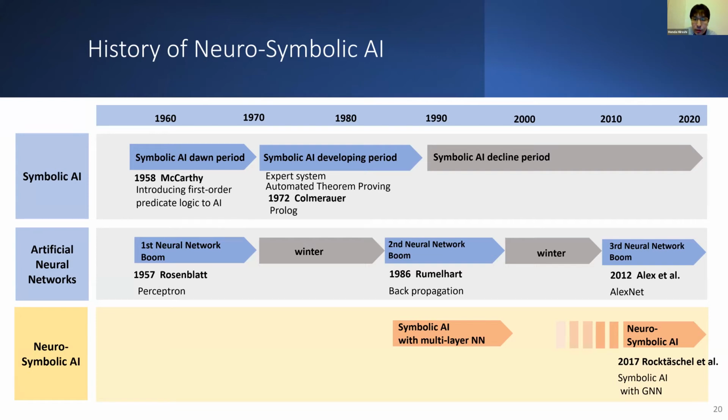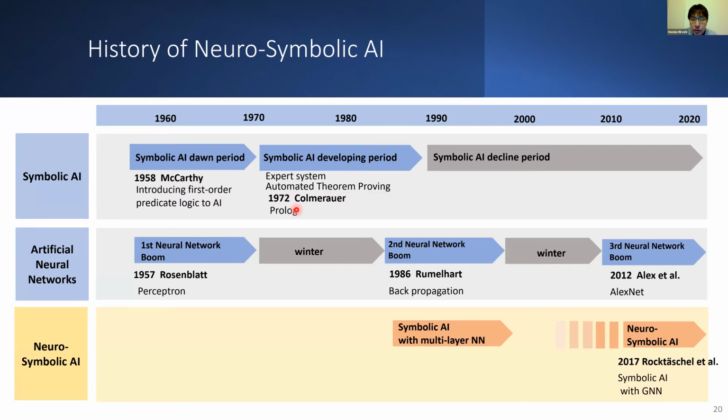First, I will explain the history of Neuro-Symbolic AI. Symbolic AI began in 1958 when John McCarthy introduced first-order predicate logic to AI. In the field of symbolic AI, expert systems and automated theorem proving were actively studied from the 1970s to the 1980s.